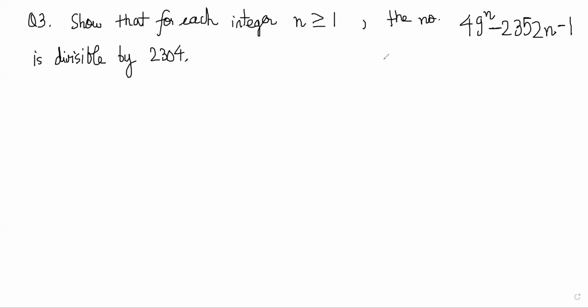Now, first thing to notice here is try and understand the factorizations of 2304. So 2304 prime factorization is basically 2 power 4 into 13 square, right?